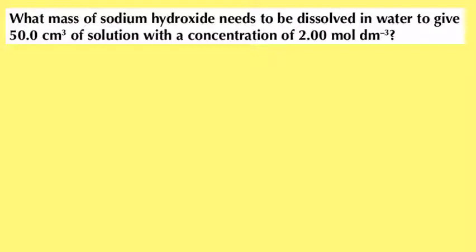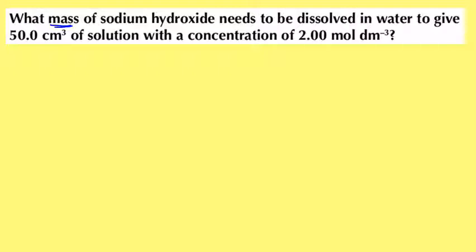So here's the question. What mass of sodium hydroxide needs to be dissolved in water to give 50 centimeters cubed of a solution with a concentration of 2 mole per dm cubed? Okay, so let's work through that. The first thing that I'd notice when I was doing this question is it's asking you for mass, and that always, nearly always, suggests that you're going to use your conversion between mass and moles formula.